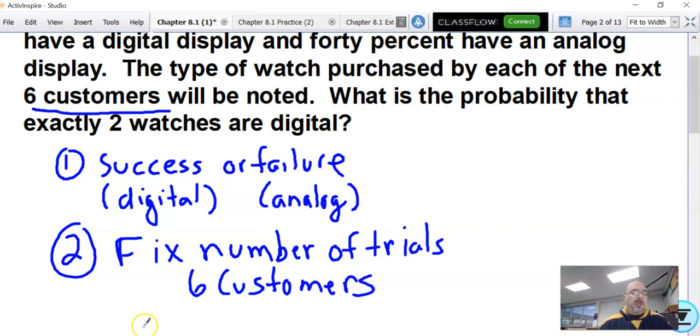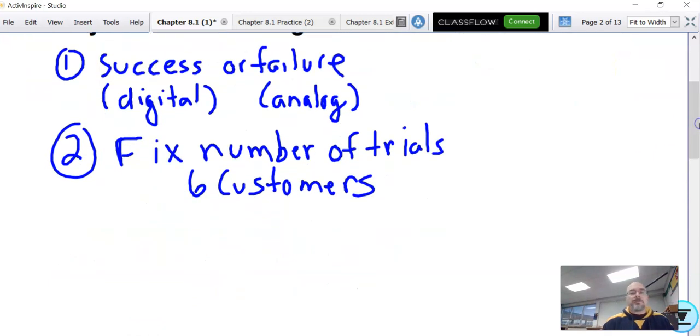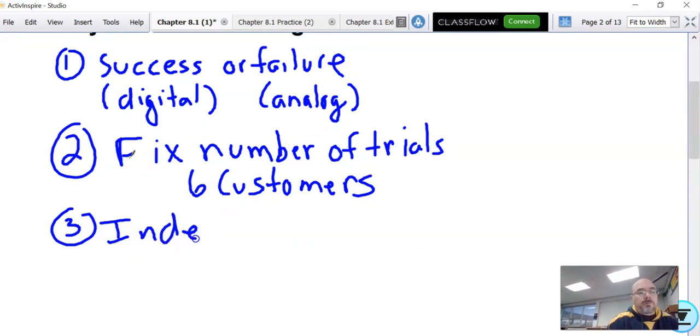Okay, the third condition is independence. Well, to be independent here, obviously, the customers do not influence each other's purchase, right?